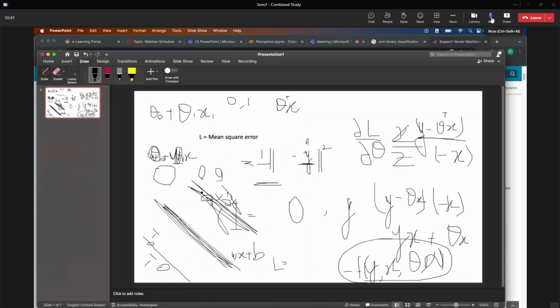If wx plus b is positive, then positive into positive will always be positive, and it is 1 because it is on the margin. If it is on the left hand side, the target itself is minus 1, and wx plus b is also minus 1. Any point on the left hand side will be minus 1. This we can actually derive.